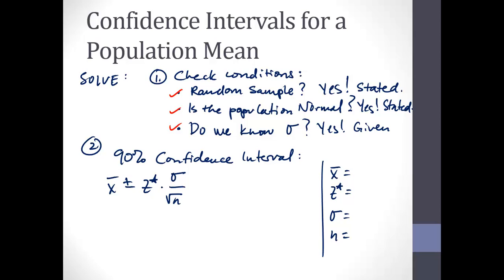From the example, we were given some of these things. X bar we picked out, that was 50. That's the average from our sample. We had 75 people in our sample, and we found that sigma was equal to 10. So the one thing that I have left to figure out here is z star. If I want a 90% confidence interval, what should z star be?